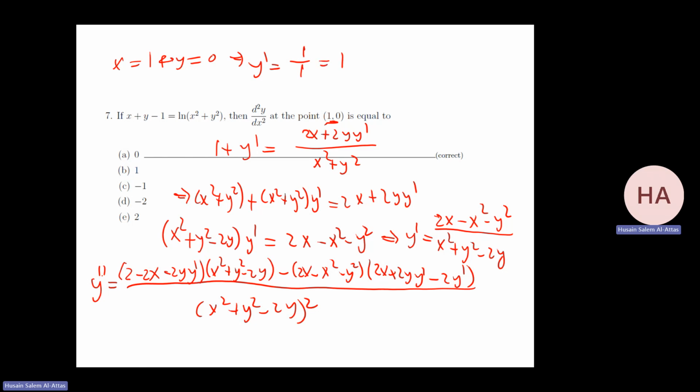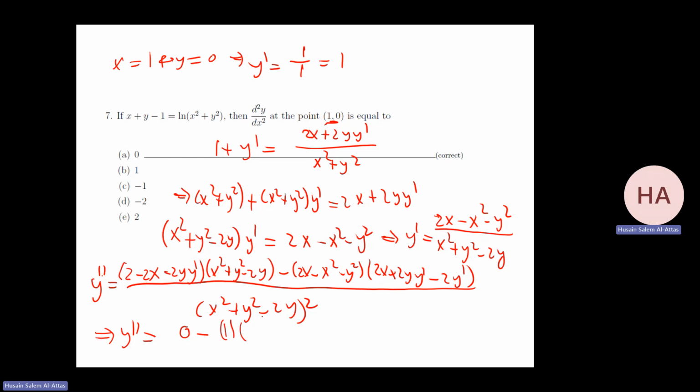I don't think I need the next page. So y'' will be, don't forget, x equals 1 and y equals 0. So I have 2 minus 2, that will be 0, minus 0. So everything is 0 here. Then I have 2 minus 1 minus 0, that is 1, times 2y' is 1 and y is 0, gone.